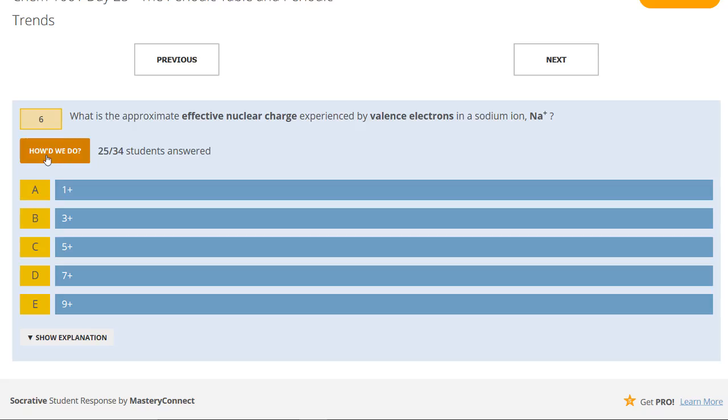We're going to do this one without explanation. Before we look at the second one, 9 plus is the correct answer. If you didn't get it right, talk with a neighbor to see why you didn't. I'll give you about 30 seconds here to talk with a neighbor. If you didn't get it right, talk to somebody that did get it right.